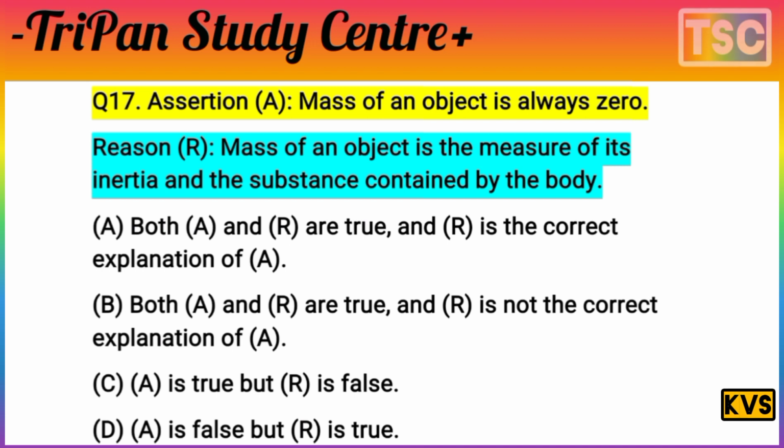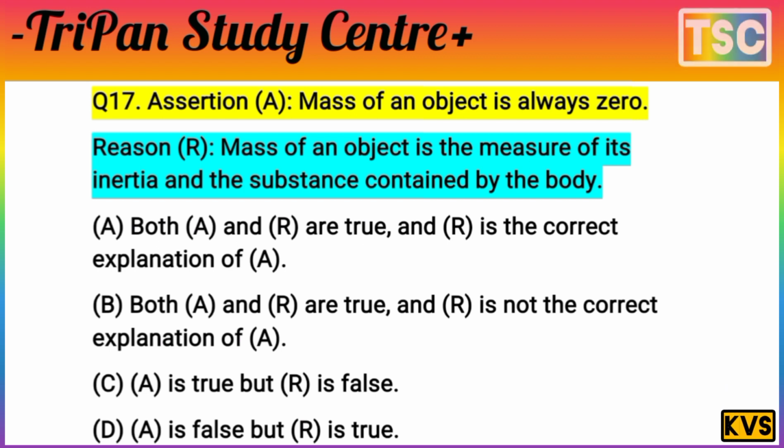The one important fact here: mass of an object can never be zero, because mass of an object is the measure of inertia and the substance contained by the body. It means option D is correct.